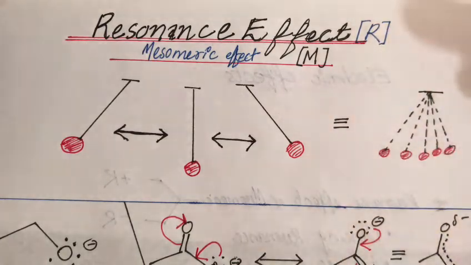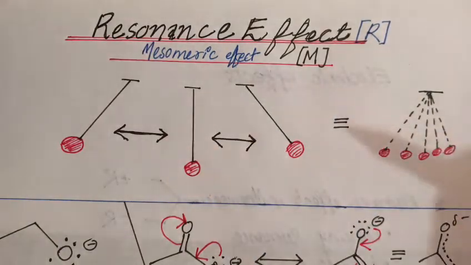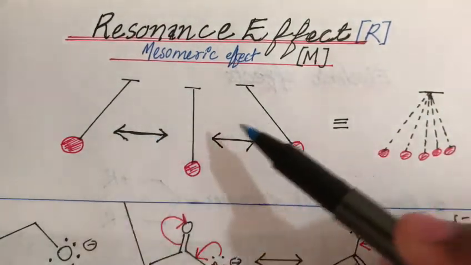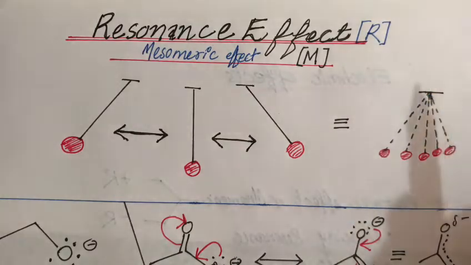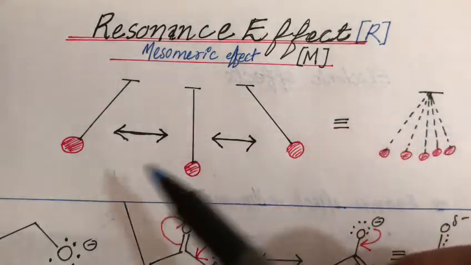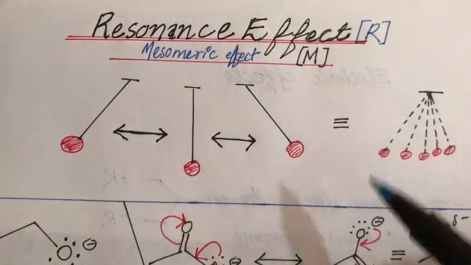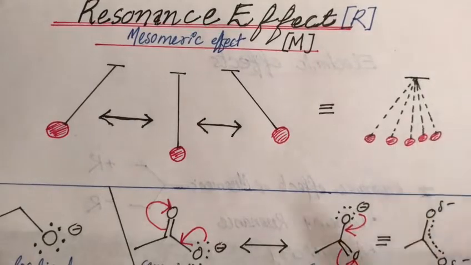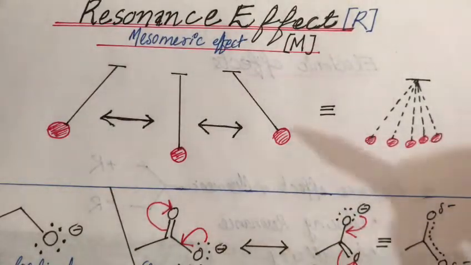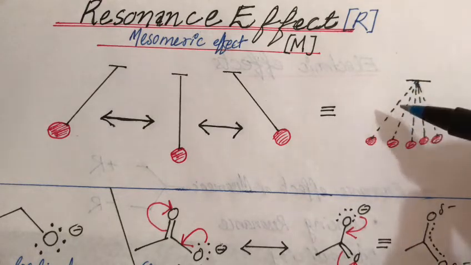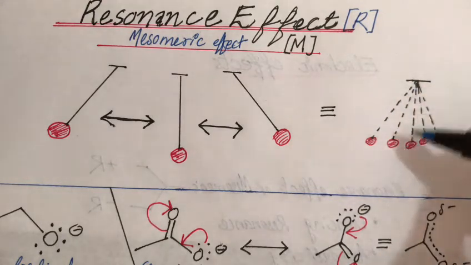We can draw an analogy between this resonance effect and a simple pendulum or oscillatory motion. We know that if you have a stationary simple pendulum and you apply a force, it can move towards this direction, and it can move in this direction. That means it executes a to and fro motion. In some textbooks or literature, you can see this overall motion of the pendulum shown like this: this position, this position, this position.